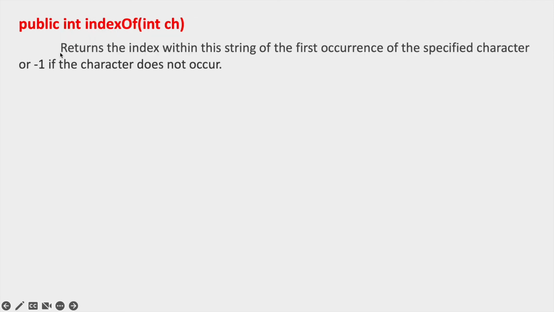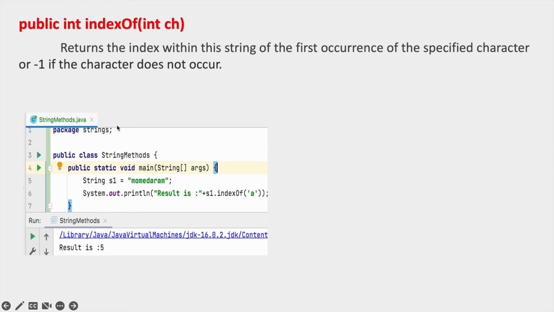indexOf is used to return the index within this string of the first occurrence of the specified character, or it will return -1 if the character does not occur. Let us see an example so we will understand clearly. String s1 is equal to momedaram, and we are trying to print s1 dot indexOf a. Here the result is 5.